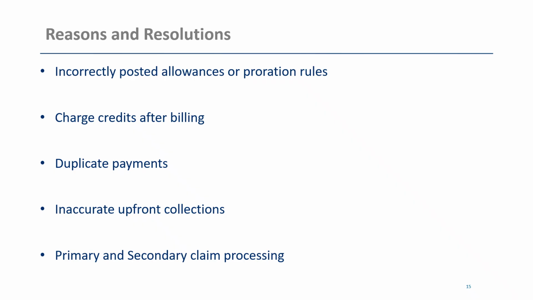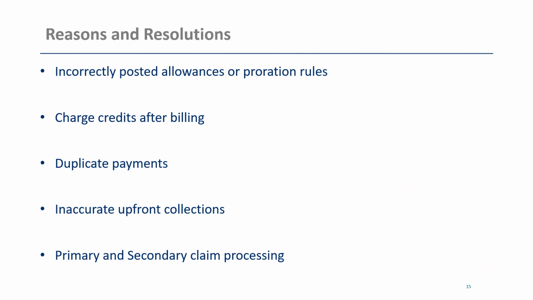So, credit balances can be created in a number of different ways. Surprisingly, a large number of credit balances are not the result of overpayments, but typically posting errors that need to be corrected in your patient accounting system. Common factors include billing and payment errors and hospital and payer system limitations.